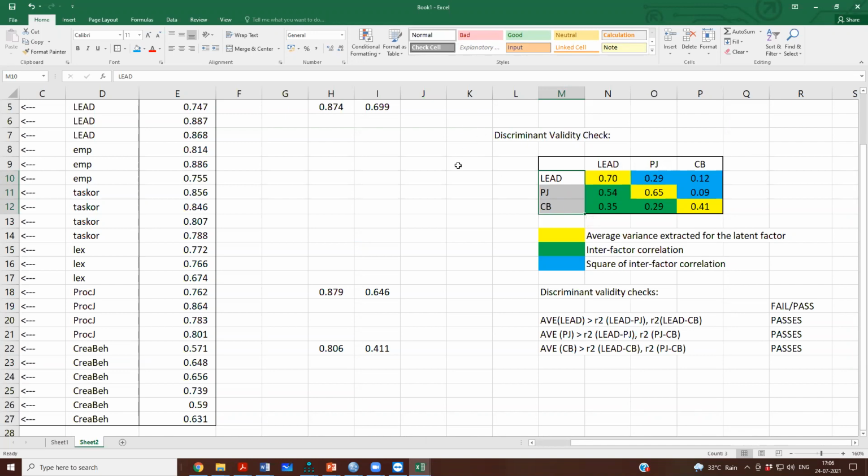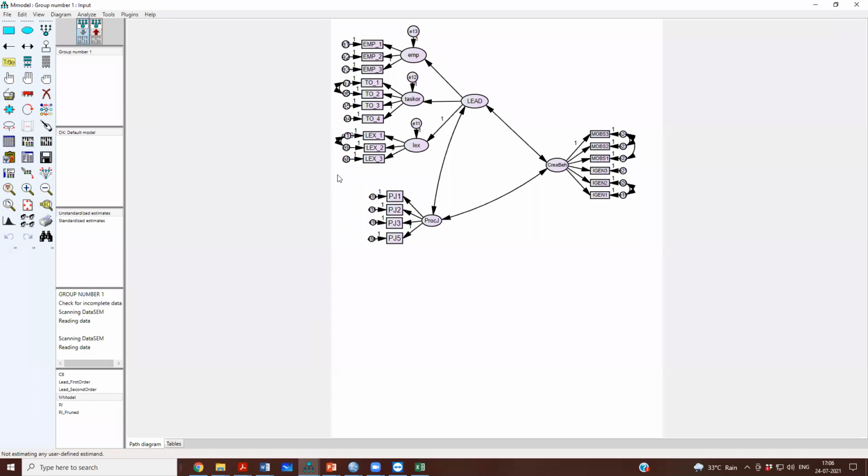So this analysis shows that from our measurement model, what have we concluded? That these three are distinct constructs, and therefore we should go ahead and test the paths, the regressions between these three constructs.